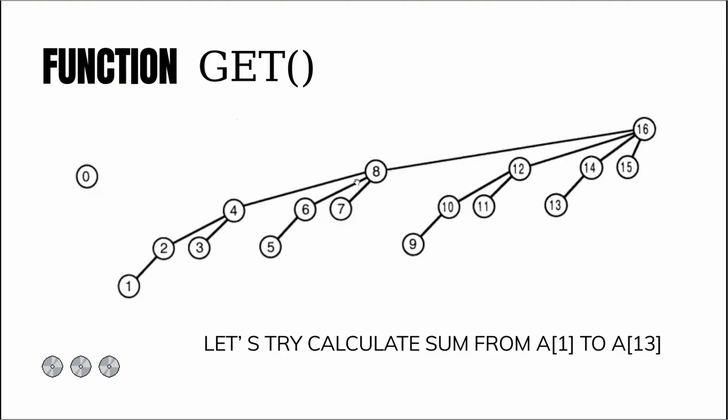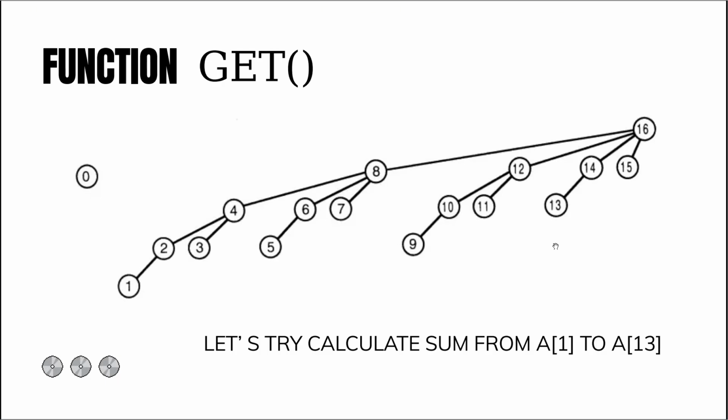This function is used to calculate the prefix sum. For example, we want to compute the sum from A1 to A13. Instead of summing all elements, we jump between blocks and add their stored values.